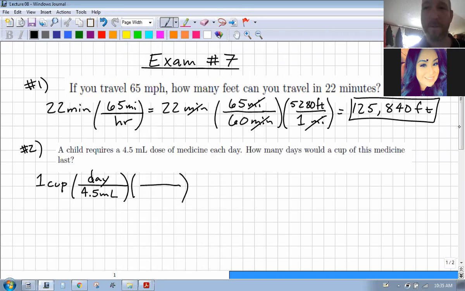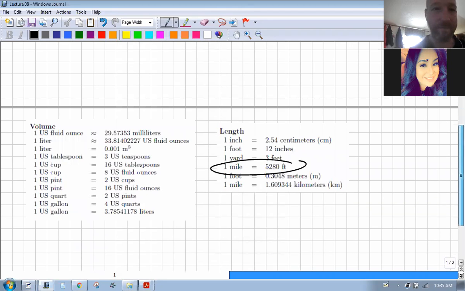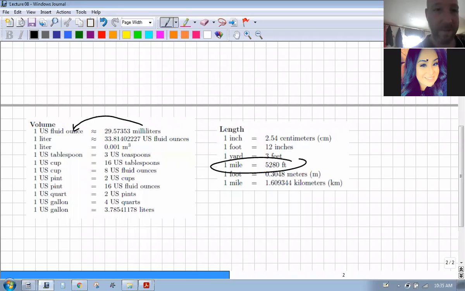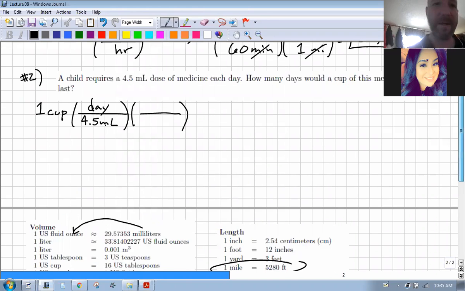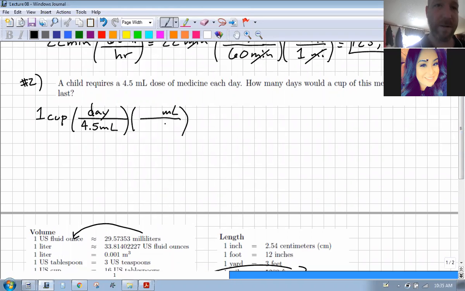So if we look down here, the closest we have is milliliters to fluid ounces, and then fluid ounces to cups. So I want to get rid of milliliters, we get fluid ounces.